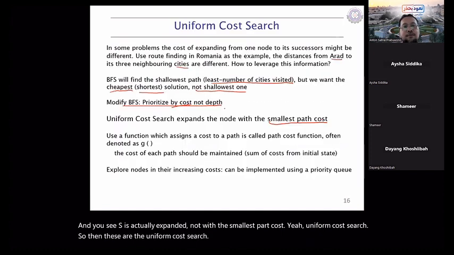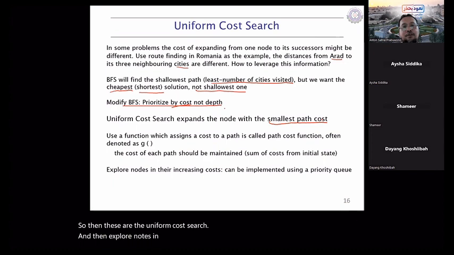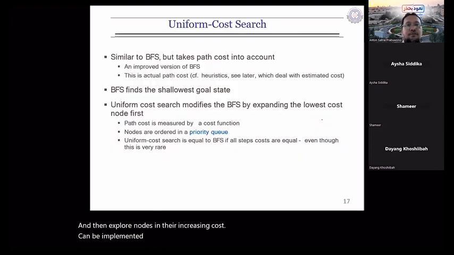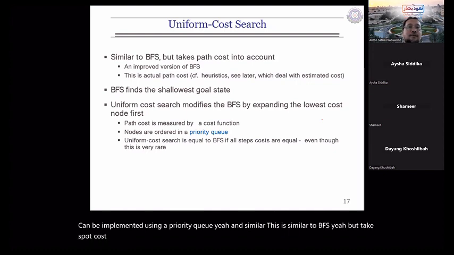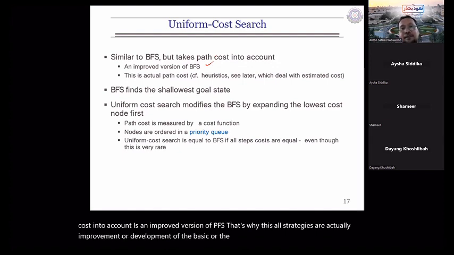Exploring nodes in increasing cost order can be implemented using a priority queue. This is similar to BFS but takes path cost into account. It's an improved version of BFS. All these strategies are improvements or developments of the foundations, DFS and BFS.